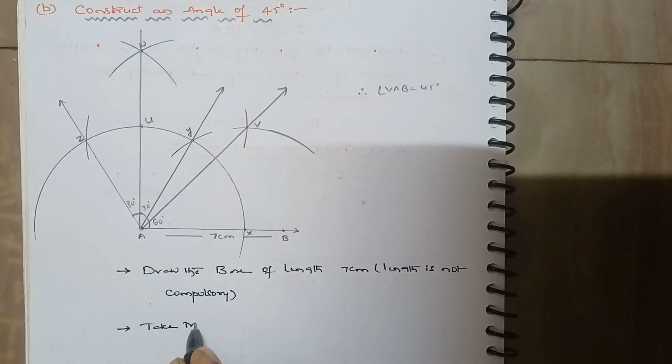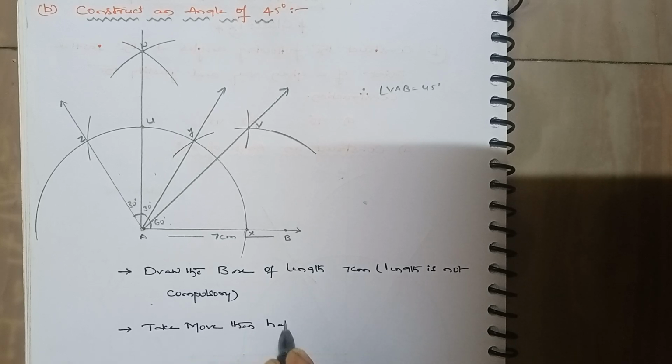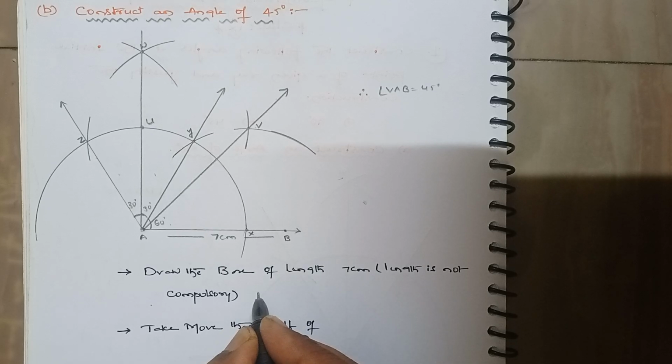Next, take more than half of the length. Mention here AB.